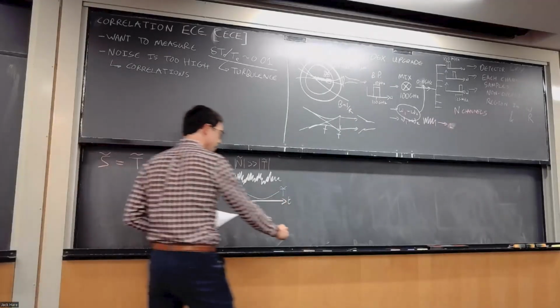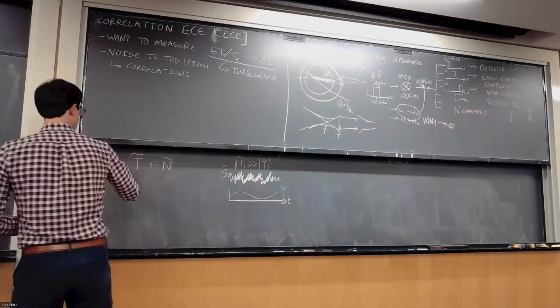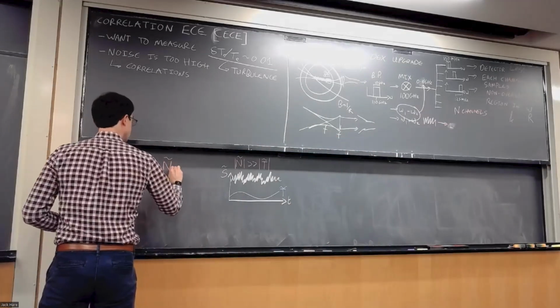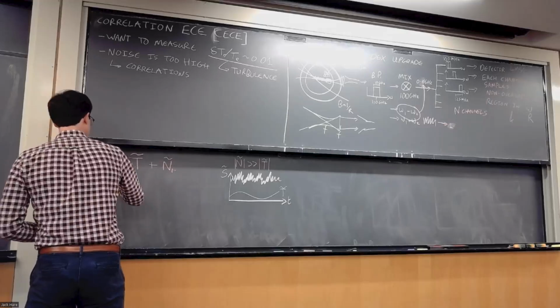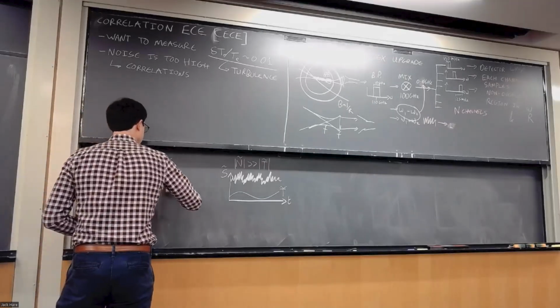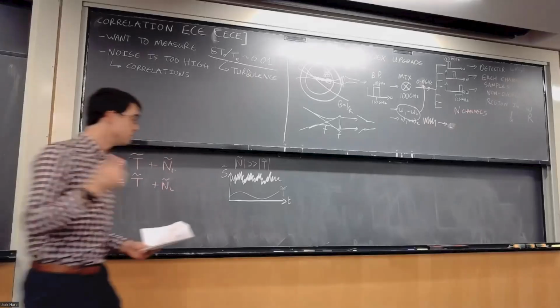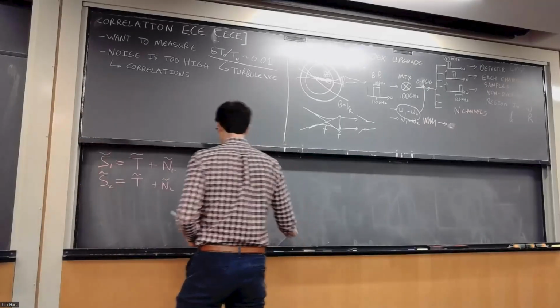And what we do is we pick two adjacent channels. So we'll call them S1 and S2. These channels are adjacent in frequency space, which means that they are measuring from adjacent parcels of plasma in real space, or inside the tokamak.